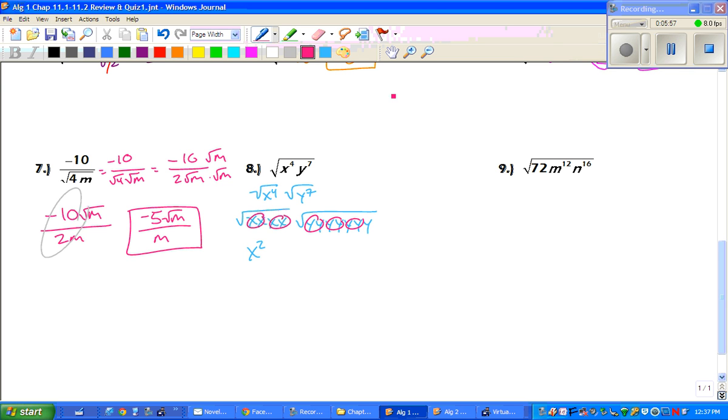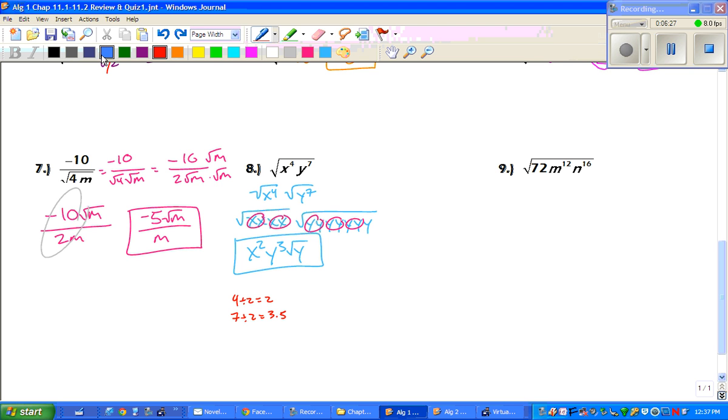In the y's, we have 3 groups. But there's one left over. And that's why it stays underneath the square root sign. Okay? Pretty much all you do is you just divide it by 2. Okay? 4 divided by 2 is 2. 7 divided by 2 is 3.5. And the 0.5, that's your remainder. Okay?